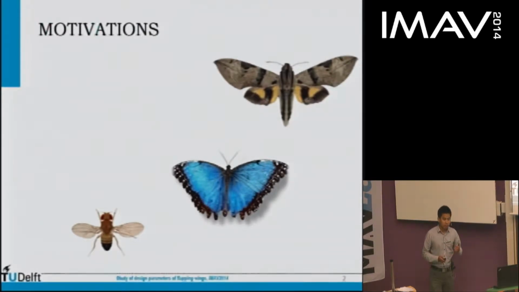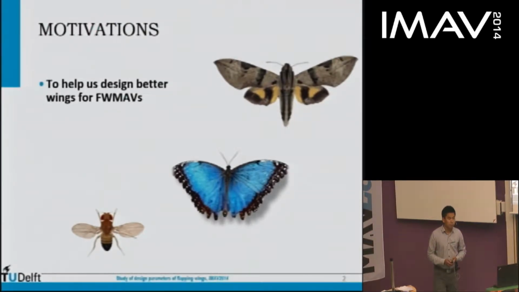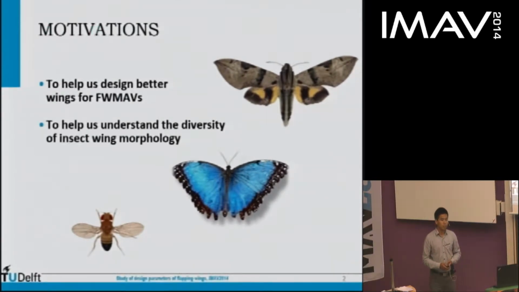This passive pitching mechanism builds a relationship between the wing morphology and flapping kinematics, and this inspires us to study those morphological parameters and the kinematic parameters simultaneously, to help us design better wings for flapping wing micro air vehicles, and to help us understand the diversity of insect wing morphology.